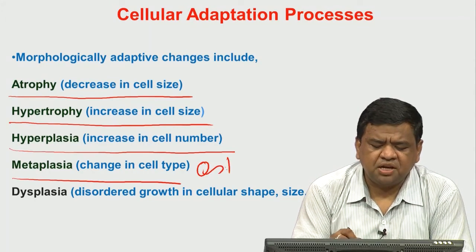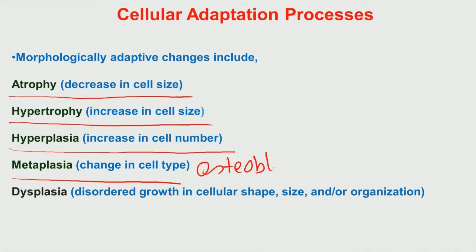An example of change in cell type: under certain circumstances, as I said in the last to last module, osteoblast can undergo transition to osteoclast. Osteo means bone, osteoblast means bone-forming cells, osteoclast means bone resorption cells. This kind of transition essentially helps the cell to adapt to certain external stimulation.